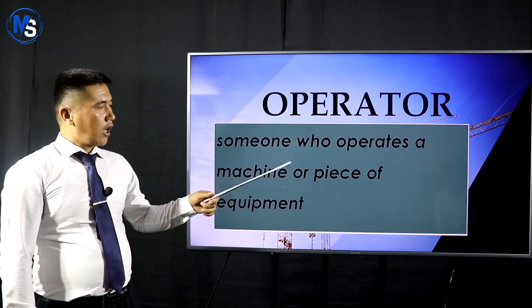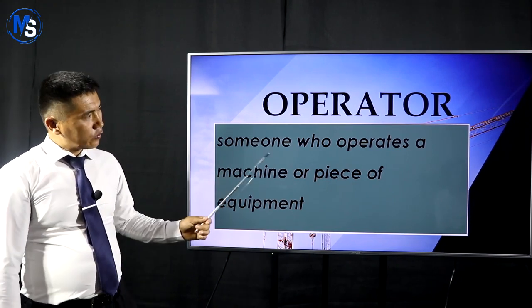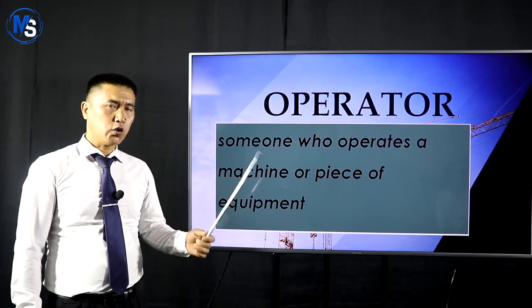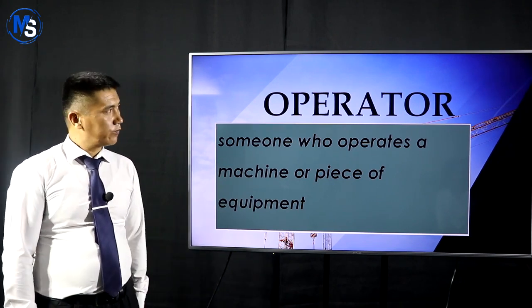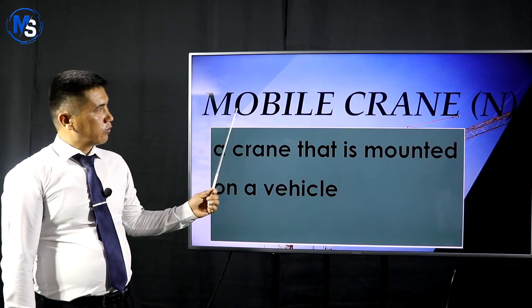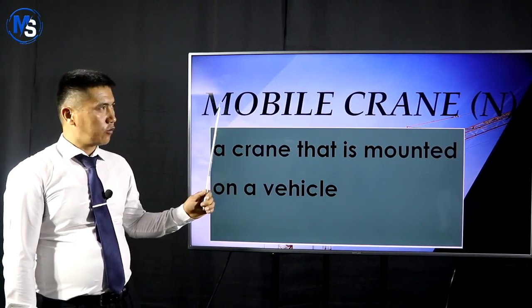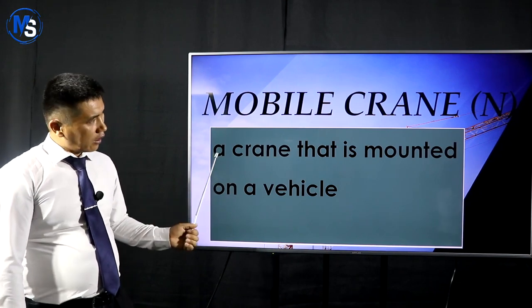Okay, operator. An operator is a person who operates a machine or a piece of equipment and who sits in the cab. Mobile crane. A mobile crane is a very useful and more modern crane.